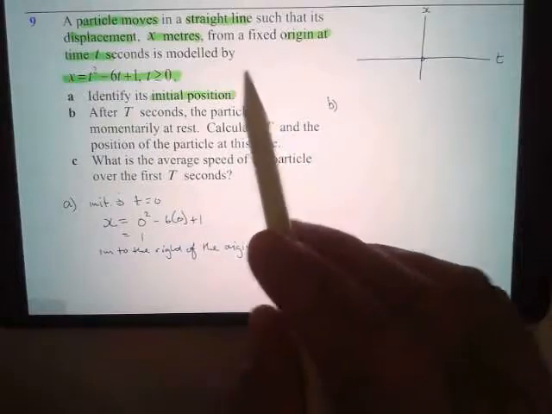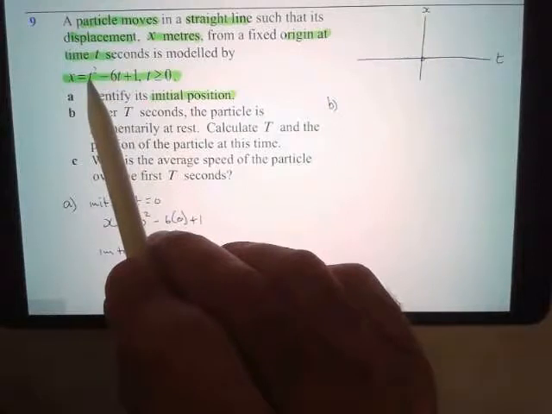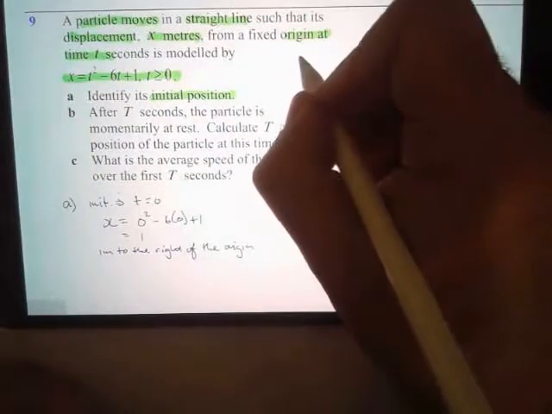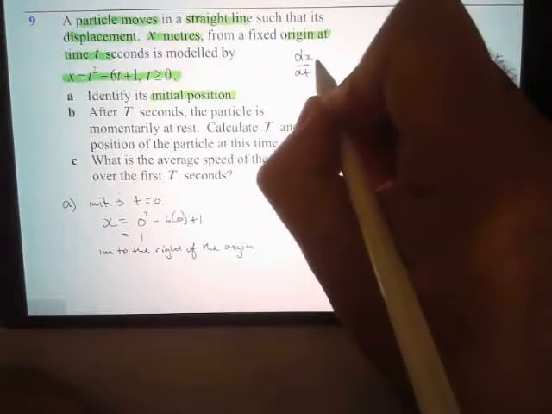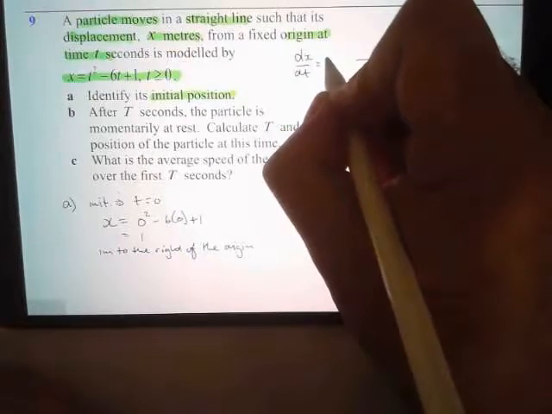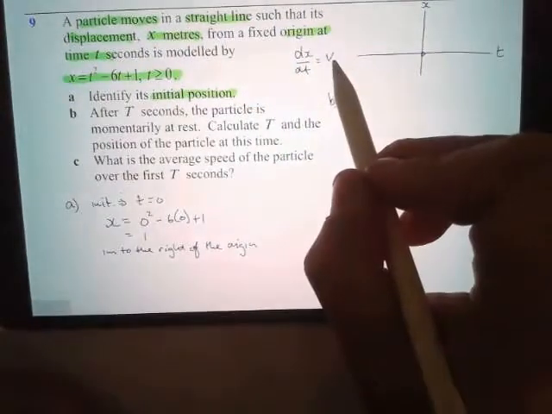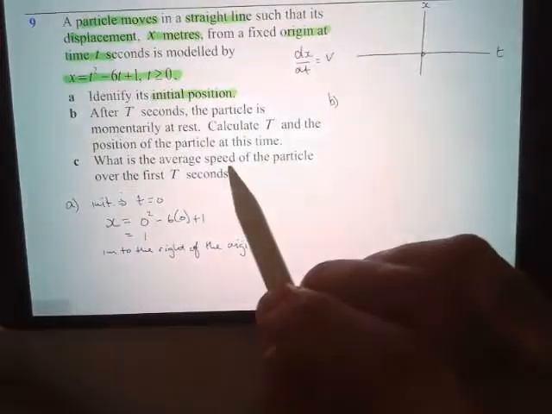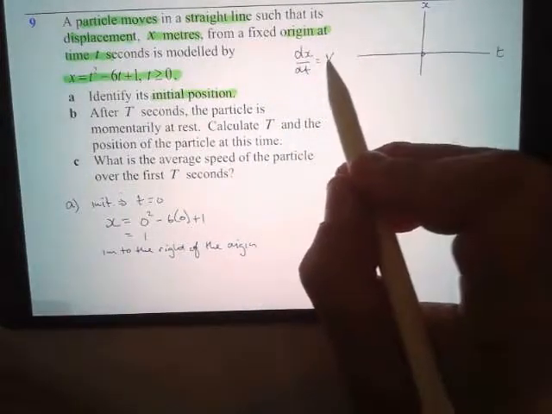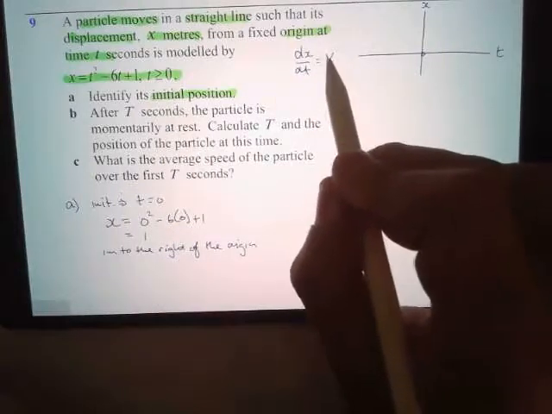If you remember, the change in displacement over the change in time is nothing else but your velocity. Remember, if I use distance, then that will be speed. Just the same thing. So what they say is when it comes to rest, it means the velocity is 0.